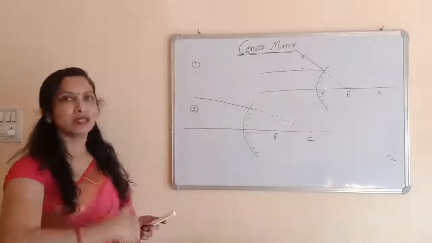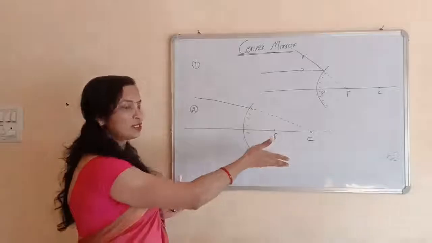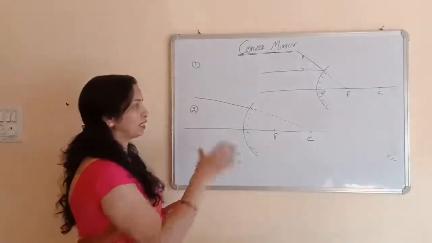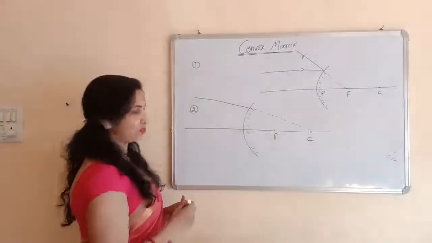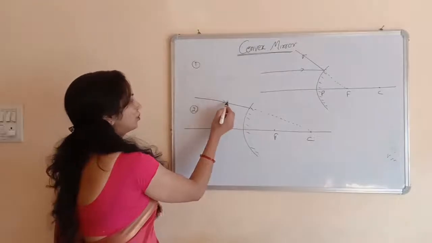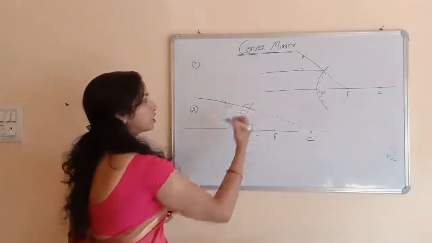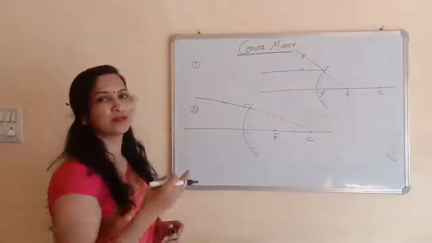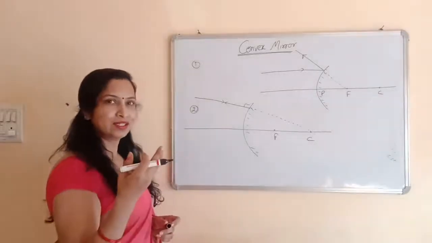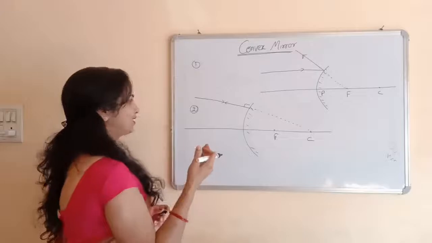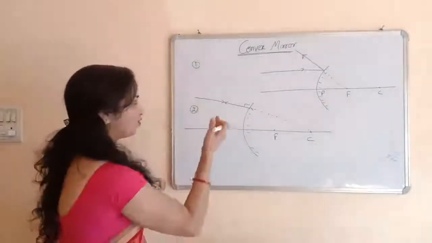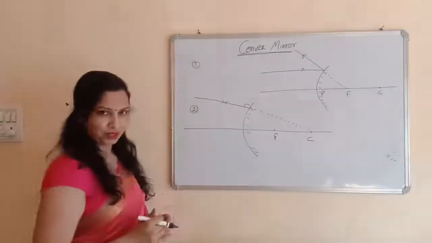It can't penetrate the mirror and can't reach the center of curvature, but it appears to be moving towards it. So it reflects on its own path, because this ray is actually normal. The incident ray is normally incident at an angle of 90 degrees. So this is the second rule.